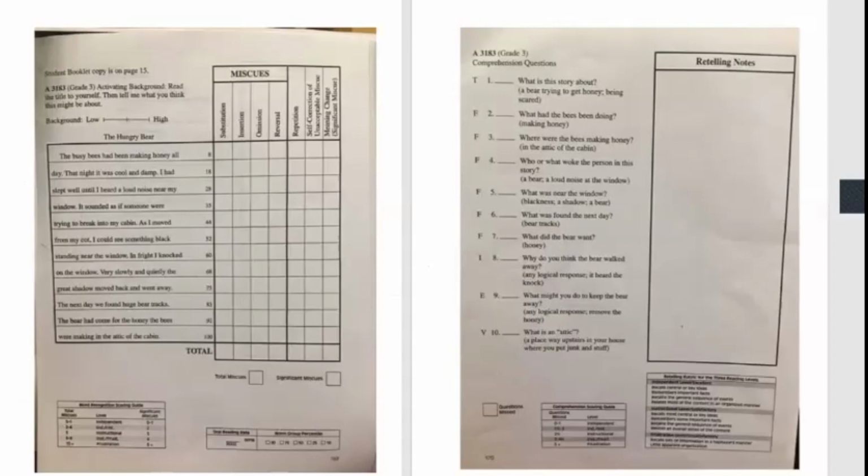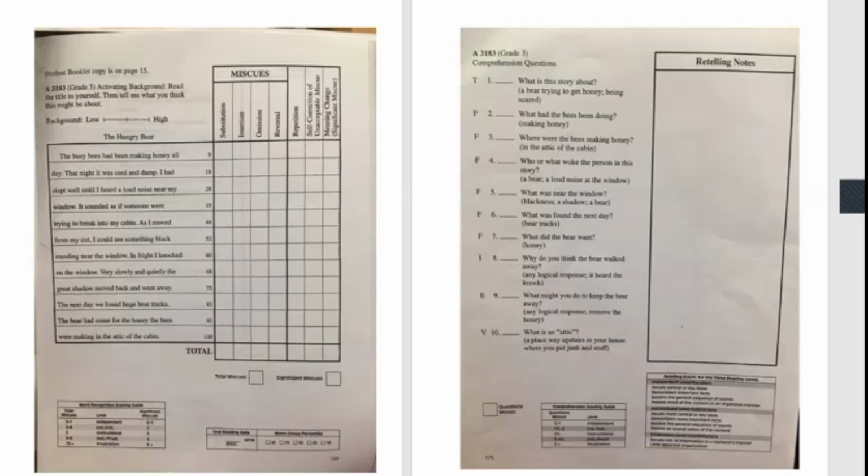You'll notice that there are many pieces to it. There's columns here to analyze the different kinds of errors that they make, and then there's a whole other page that analyzes their retell and their comprehension questions. So that's what the forms look like that we would use when conducting part two, which is the graded passages.